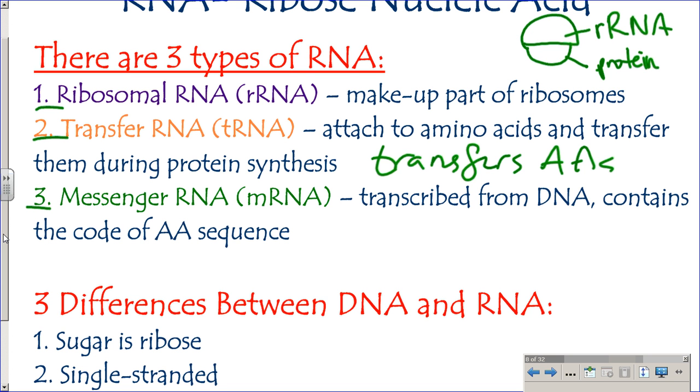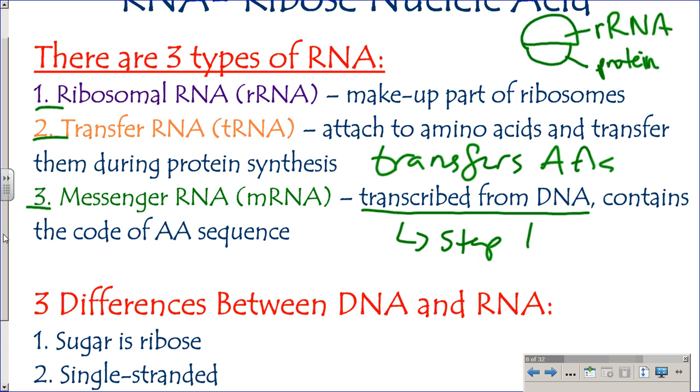The third one is messenger, so mRNA, and that's our message. That's our little mailman that's going to go to the nucleus and say, okay, unzip, let me see the genes, let me read them, I'll make a copy, then I'll go to the ribosome to make the protein, or help make the protein. So it's transcribed from DNA, and that word transcribed refers to the first step in protein synthesis.